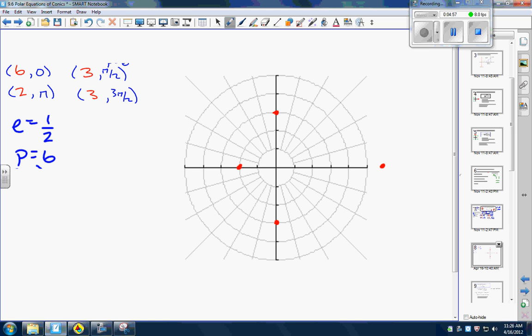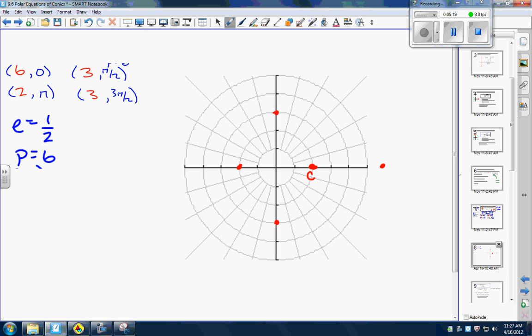Now, you're going to see that that's not perfectly spaced, meaning this distance is a lot bigger than this distance right here. So what we have is a bunch of vertices. If we want to find where the center is, it's going to be right here. These two guys on the x-axis will give us our vertices. Center is going to be halfway in between them.